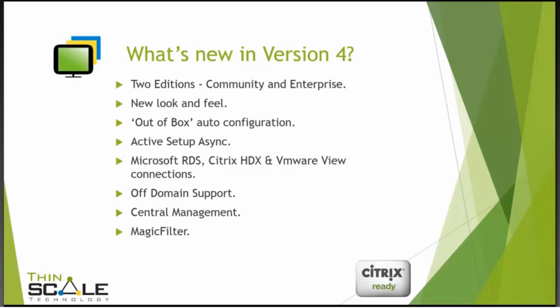We've added great support for Microsoft Remote Desktop Services, Citrix HDX connections and VMware View connections. Previously in ThinKiosk version 3 and below, we were doing a process launcher style, where you could only launch a single process. With version 4, you can layer in as many RDS or VDI connections as you wish, depending on the version you're using, and present them as shortcuts to the users.